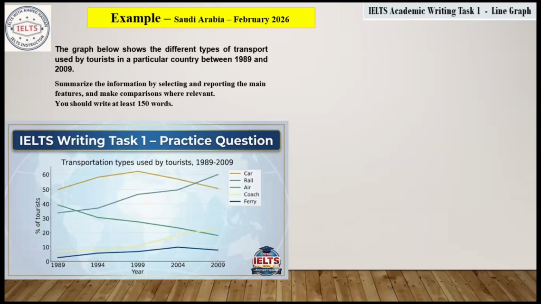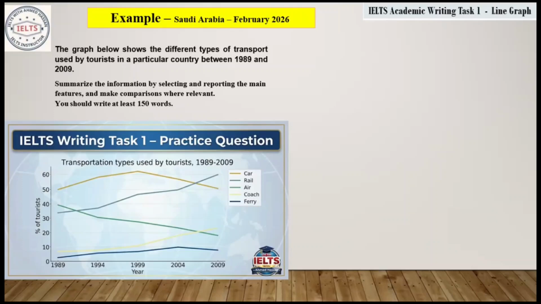Excellent. But let's start our report. As I said before, we have 4 parts. What are the main parts of IELTS writing task 1 reports? 4 parts, everyone: introduction, overview, details, and details again.